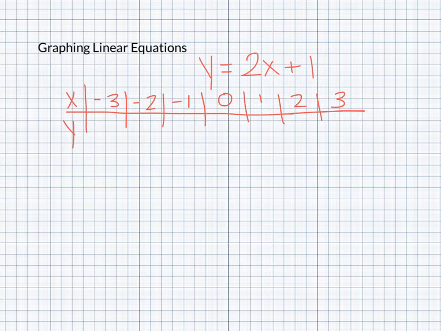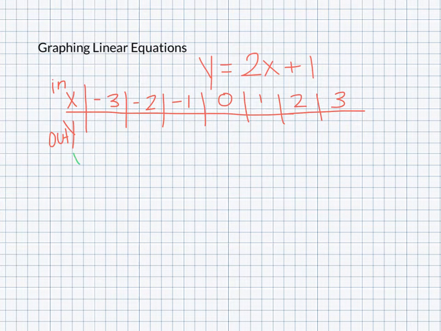To figure out my y values for these x values, which are like my inputs, I'm going to input them into the equation, and then I'm going to get an output, which would be my y. For example, I'm going to plug in this -3.